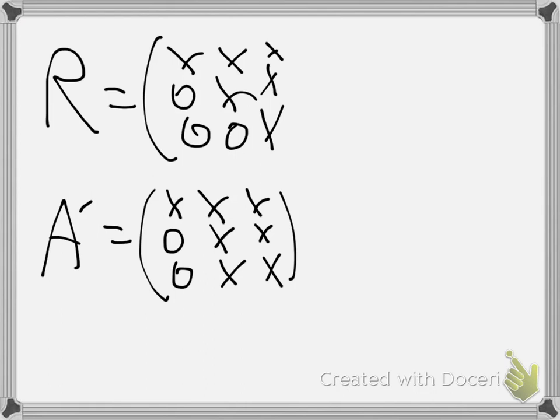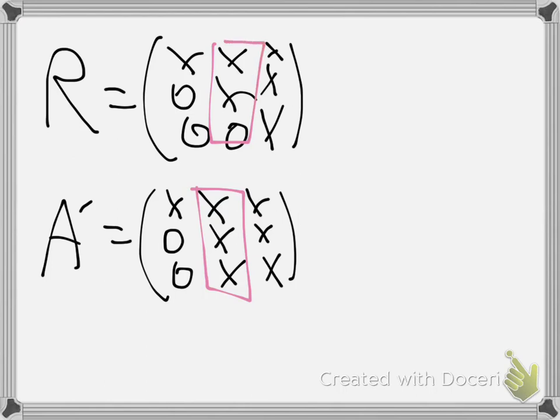Our goal isn't to eliminate all except one component of the second vector, because we want an upper triangular matrix. And so here, if you're in 3 dimensions, the second vector has only one 0.